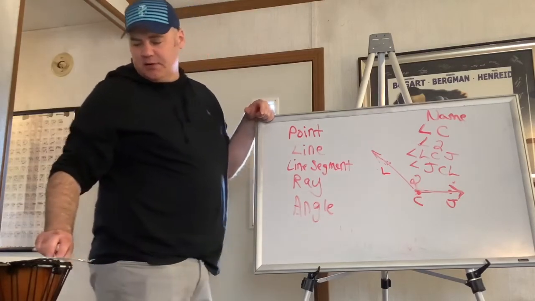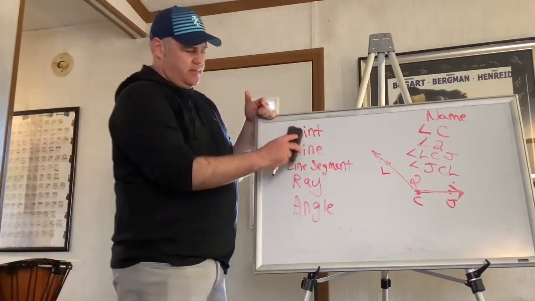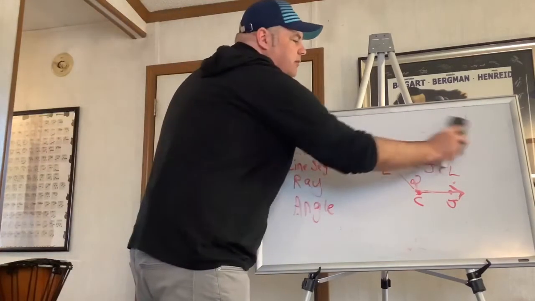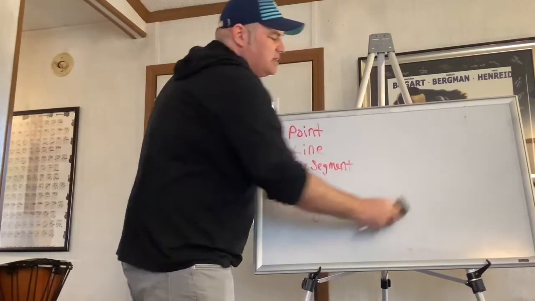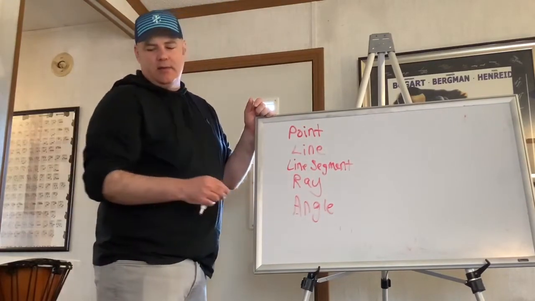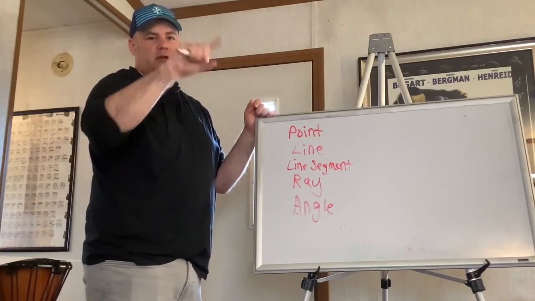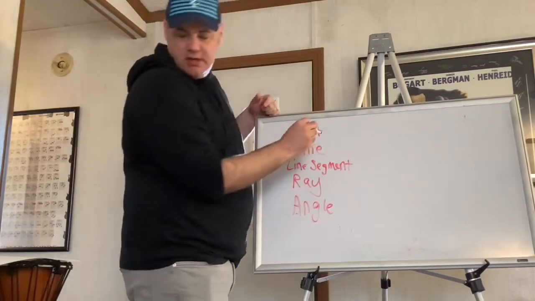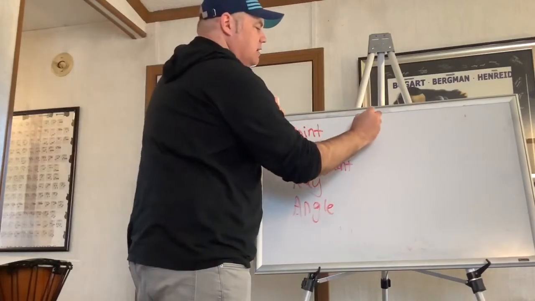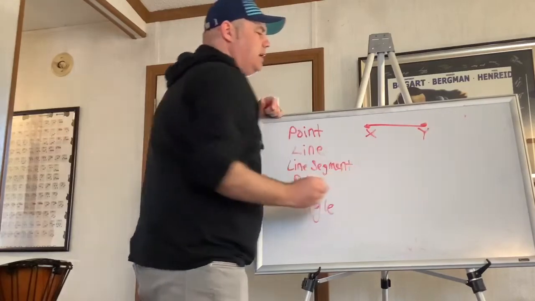All right, I'm going to stop there with the new material, and I'm going to put some assignments based on this. What I want you to do is name these the way I've taught you to name these things, and put it on your paper the way you're supposed to put it, with the letters the way they're supposed to go, with the little symbols above. So I want you to name this. Okay.